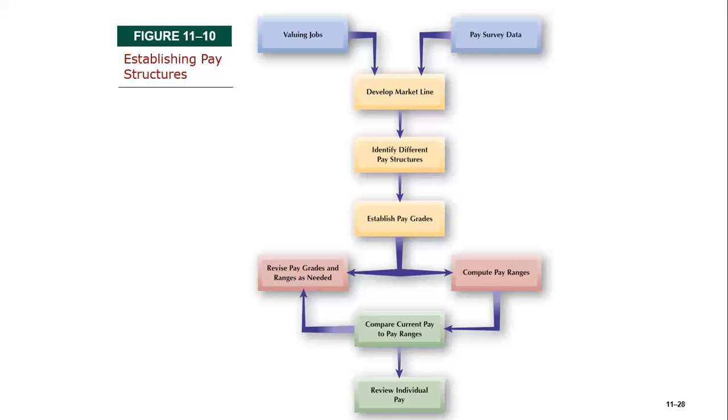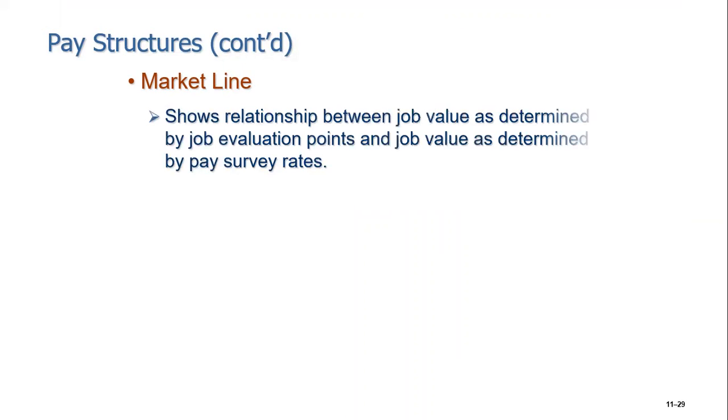So you have to identify where you lie. Compare the pays and review the individual pays. If I am paid for that specific person's job, you have to evaluate whether you are paying less or more.